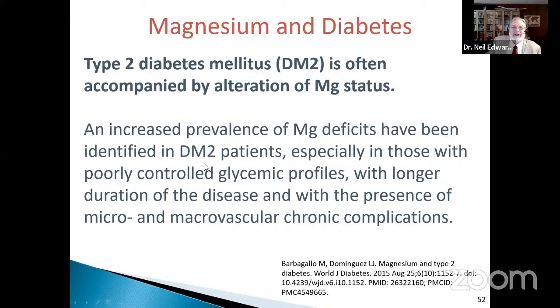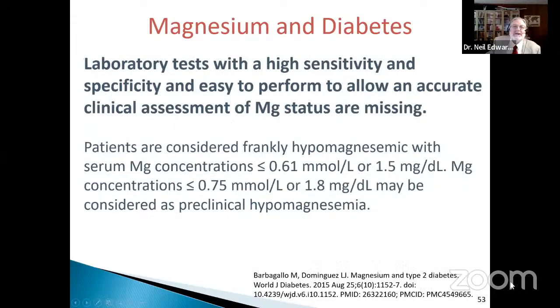Magnesium deficits have been recognized in type 2 diabetic patients with poorly controlled profiles and longer duration of the disease. So these are the measurements that show what the people who are actually deficient in magnesium have, 0.61 millimoles per liter or 1.5 milligram per deciliter.